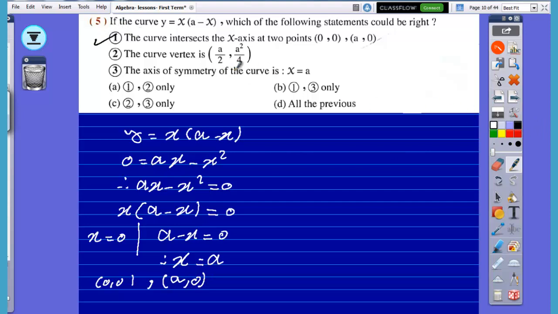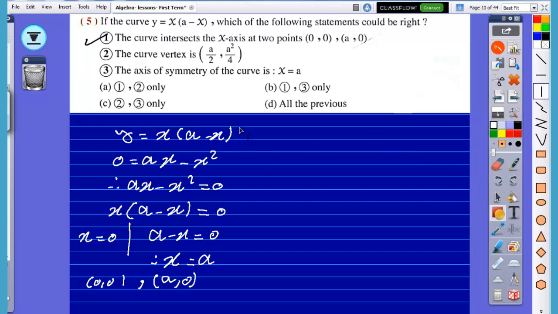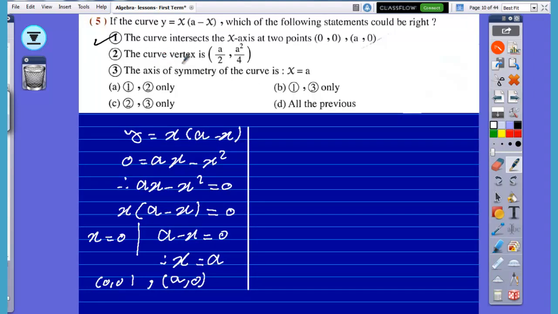Let's study the second choice. Here they talk about the curve vertex. The x coordinate of the vertex equals, it's the rule, negative b over 2a. Negative b is the coefficient of x. What is the coefficient of x in this equation?